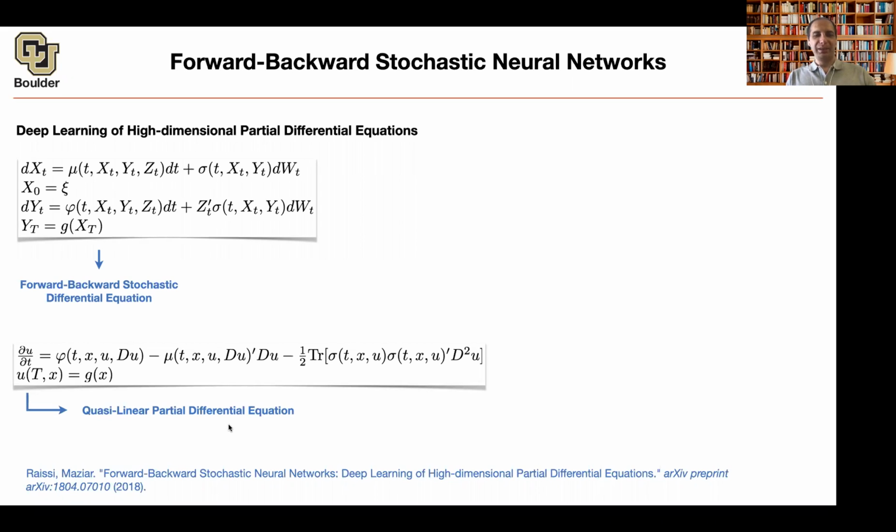And the relationship is this. The solution X, Y, and Z to your forward-backward stochastic differential equation is given by the solution to your partial differential equation. So there is a function u that takes you from x to y, and then something nice happens. The derivative of u with respect to x is going to give you z.